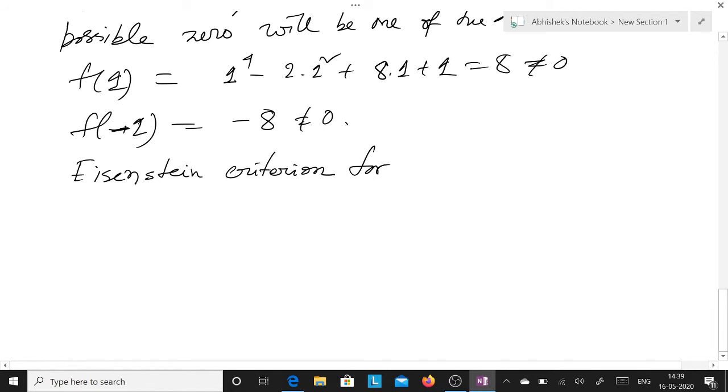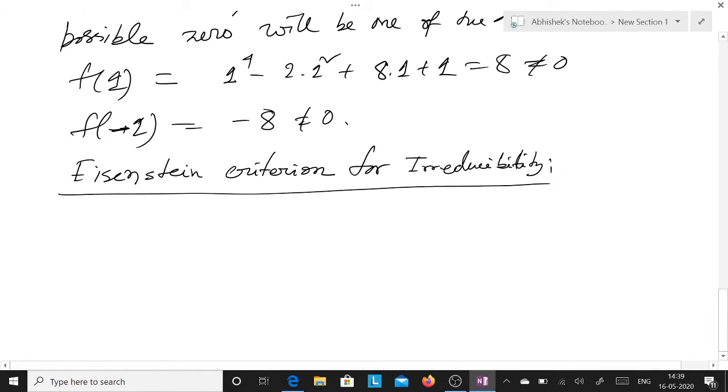For irreducibility. So this is also a very familiar test of irreducibility of polynomials over the field of rationals. And you will see that this test is very much easy to handle.